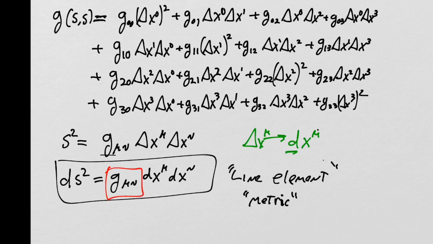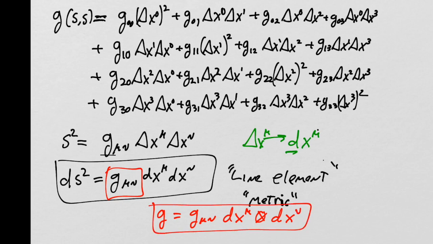And if you know the metric components, you can easily create the actual metric, which is, by the way we do it, a rank 2 tensor. So the components become the link between this so-called line element formalism and the metric formalism.